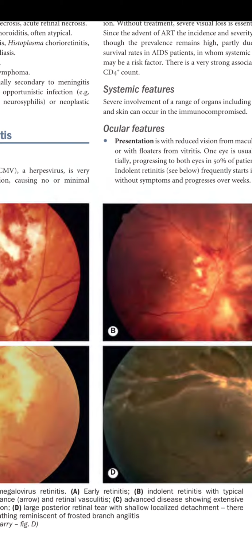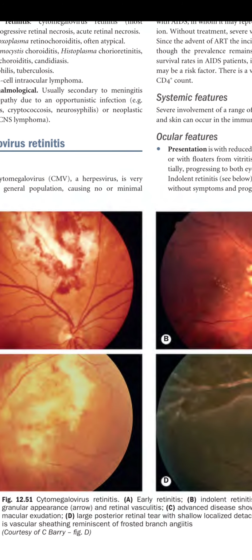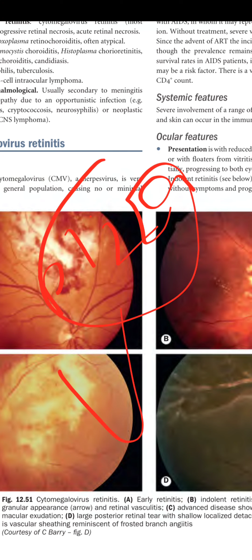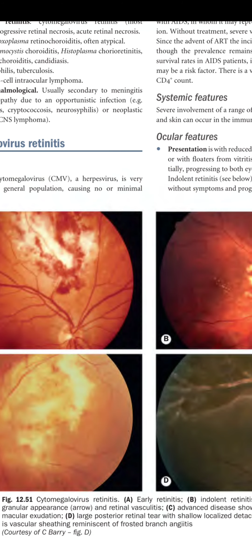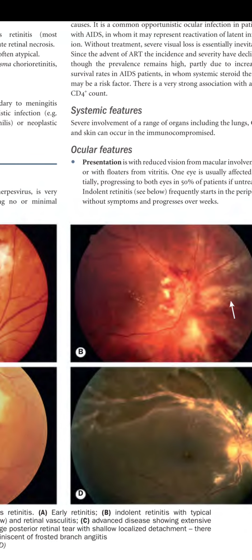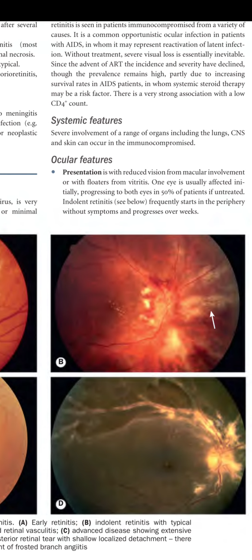So ocular features. Remember always a pizza pie, like it occurs in a quadrant and gives us a pizza appearance in which there are whitish lesions with reddish hemorrhages, like a pie of the pizza. Presentation is with reduced vision from the macular involvement or with floaters from vitritis.